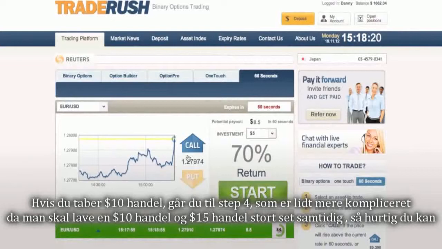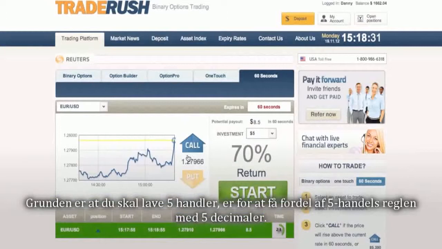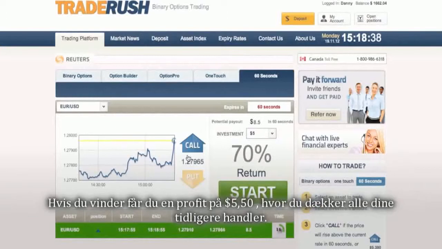Now, if you lose that, you go to step 4, which is a bit more complicated since you have to put on a $10 trade and $15 trade almost simultaneously as quickly as you can. And the reason is because you have to make 5 trades in order to take advantage of the 0.5 decimal base. And if you win, you'll have a profit of $5.50 while still covering all of your previous losses.